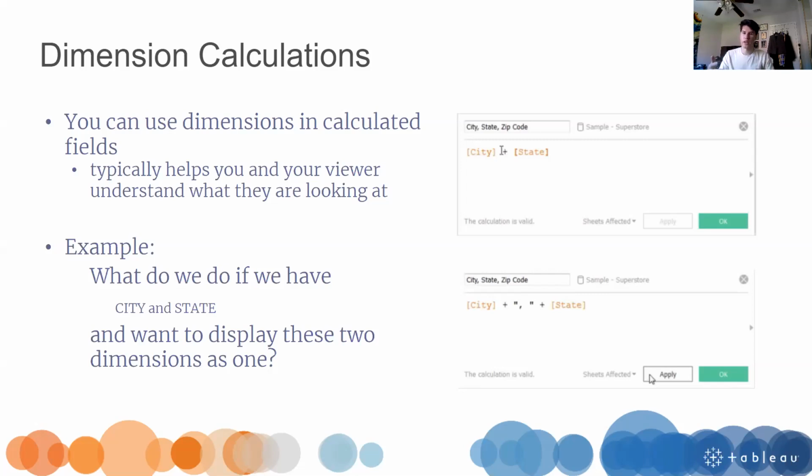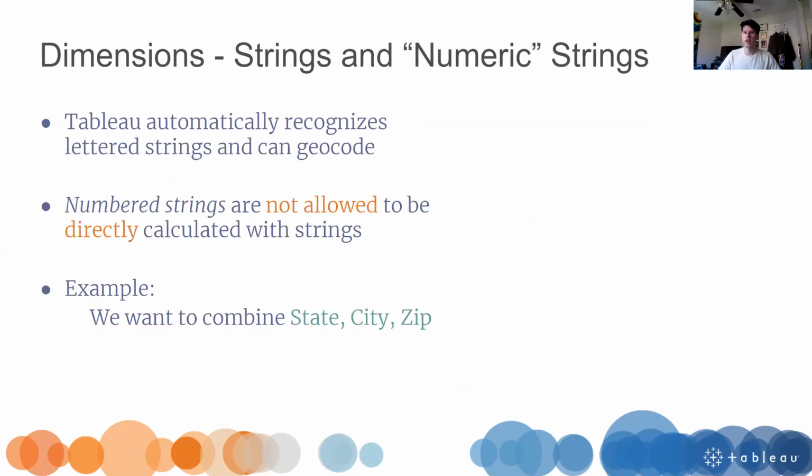Now you're telling Tableau to add the city name, and right after the last letter, the E in Riverside, add a comma, add a space, and then the state name, California. So it will say Riverside, comma, space, California. Easier for us to read and understand, and we were able to do that by just adding a bit more information for Tableau to help us visualize our data.